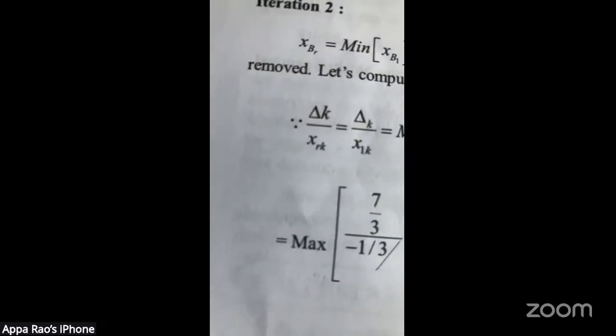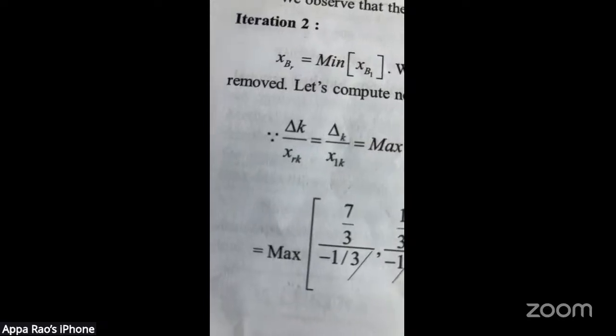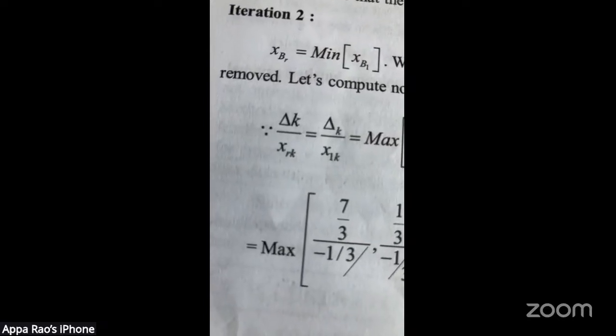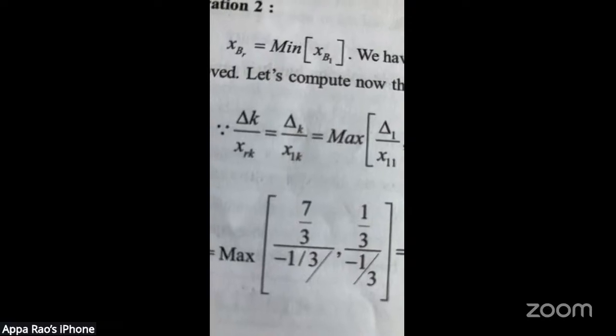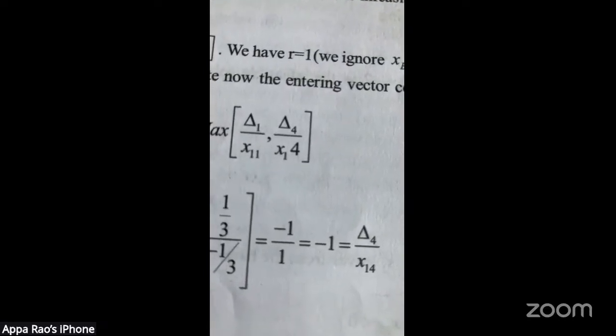Since delta k by x rk equal to maximum of delta 1 by x11, delta 4 by x14, that equal to maximum of 7 by 3 by minus 1 by 3, 1 by 3 by minus 1 by 3, that equal to minus 1 by minus 1.